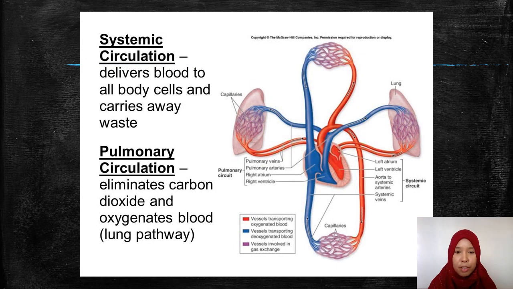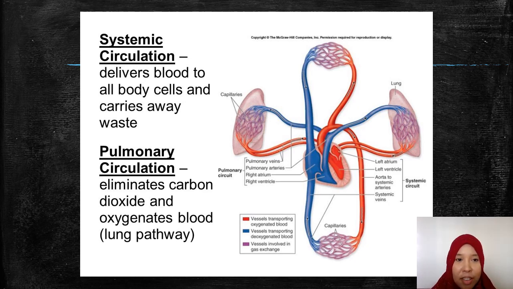Alright, this diagram is just to show you the difference between systemic circulation and pulmonary circulation, and what it means, right? Systemic circulation is the circulation between the heart and the rest of your body. So basically it involves the heart and the rest of the body.